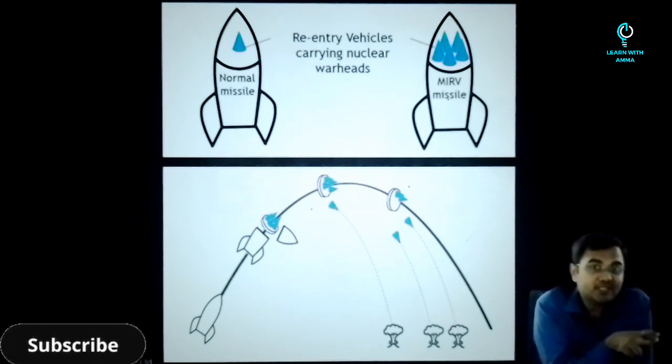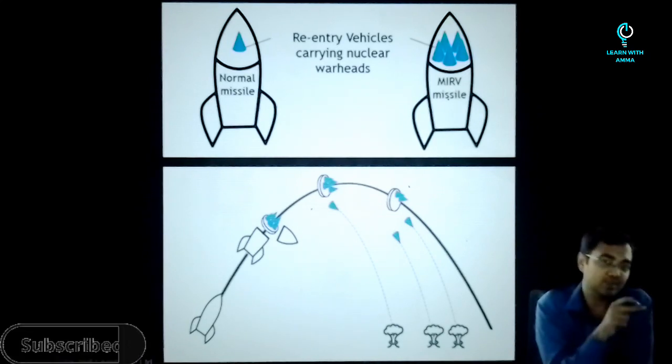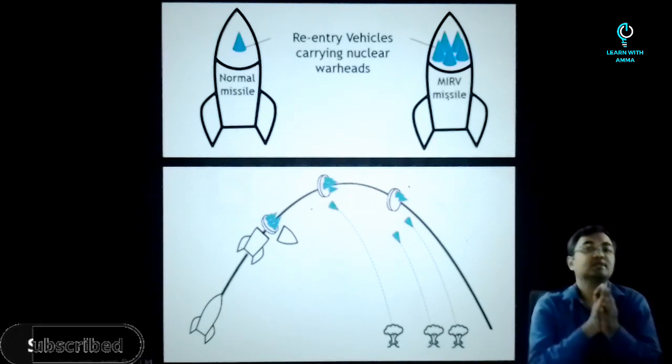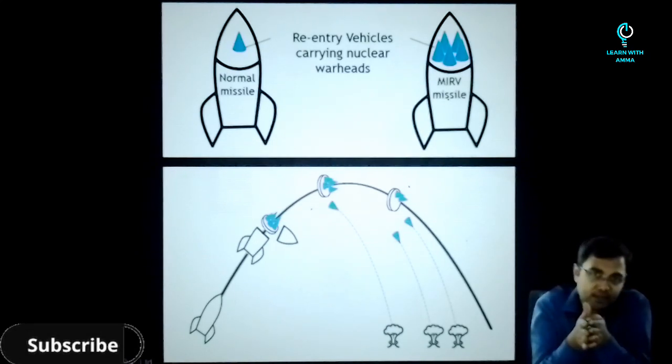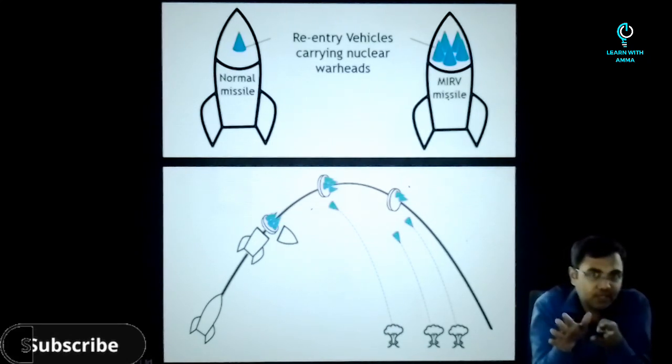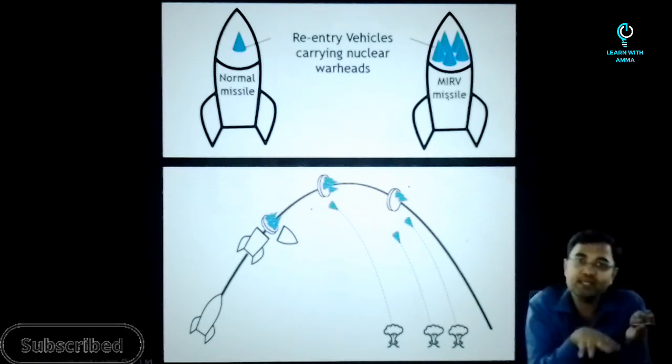Now this brings us to another interesting point, and that is about India's Agni 6 missiles. There is another set of Agni missiles that India is building, and there is no confirmation on it, although many experts and agencies have been saying that yes, India is building it.